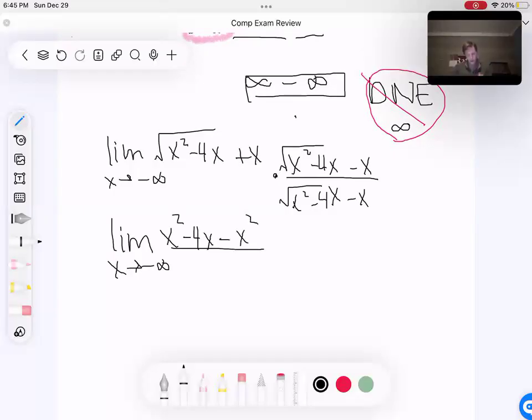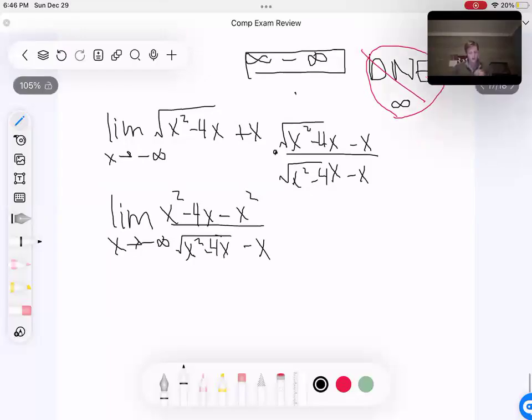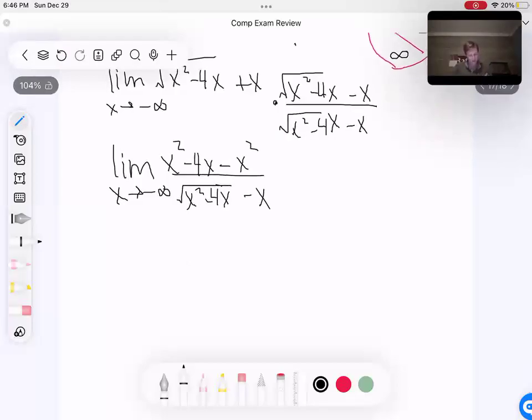On the bottom, everything stays the same: the square root of x squared minus 4x, minus x. So we can see immediately that two things are going to cancel here, and what we're also going to do is try to factor out an x squared from the thing inside the radical. I'll show you why we're going to do that.